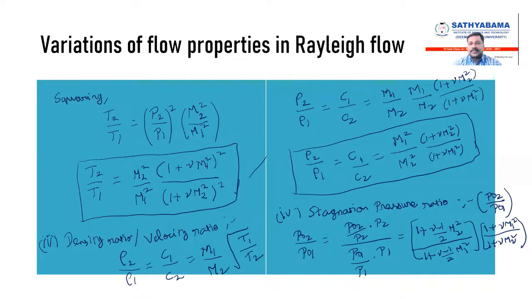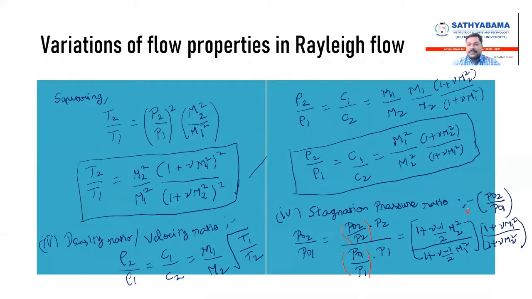In this stagnation pressure ratio, I would like to inform you that I had missed the exponent term of P02 by P2 and P01 by P1. So for P02 by P2, it is 1 plus gamma minus 1 divided by 2 M2 square, whole to the power of gamma by gamma minus 1. Similarly, 1 plus gamma minus 1 divided by 2 M1 square, whole to the power of gamma by gamma minus 1.